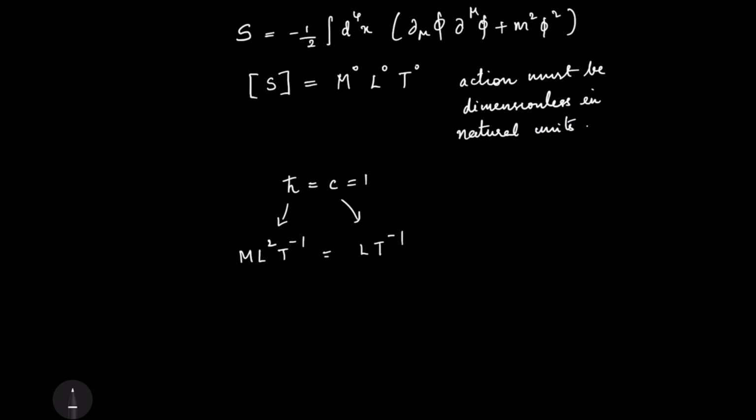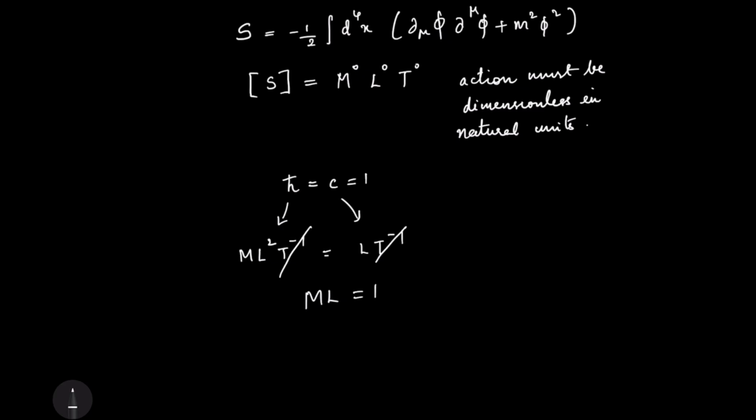So we can cancel T raised to minus 1, then ML is equal to 1 and M is equal to L inverse.